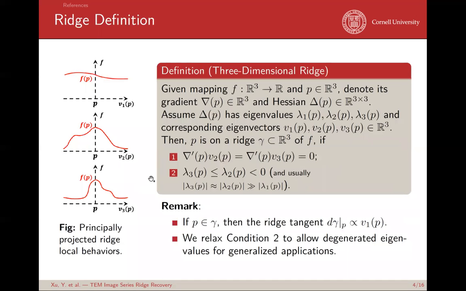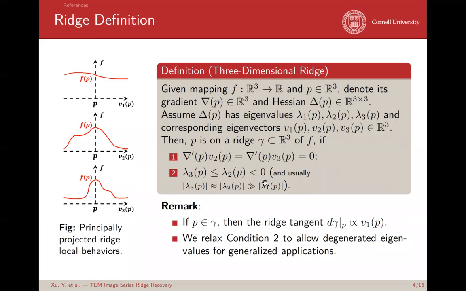For definition, a ridge of a three-dimensional mapping is a continuous collection of points where the mapping attains its maximum along two of the three principal directions, while it can vary arbitrarily along the remaining direction. By principal directions, I mean the eigenvectors of the Hessian matrix.